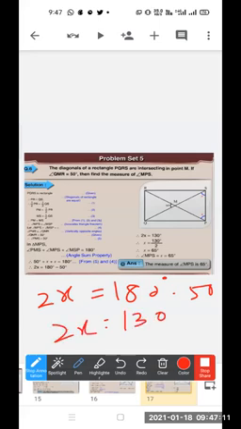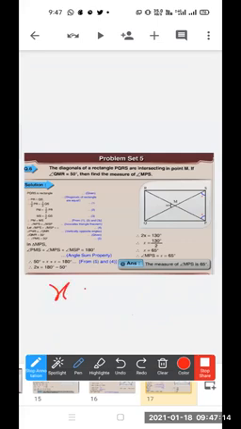So X is 65. Both are base angles in the isosceles triangle. Therefore the measure of angle MPS is equal to 65 degree.